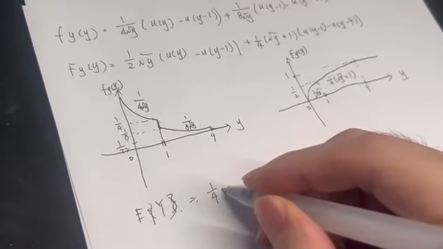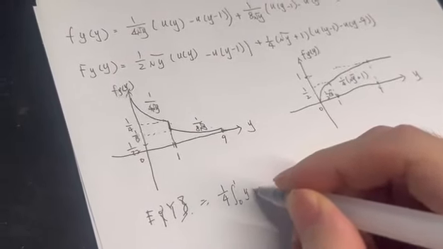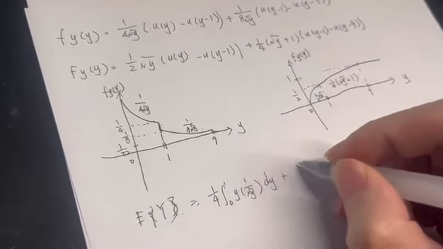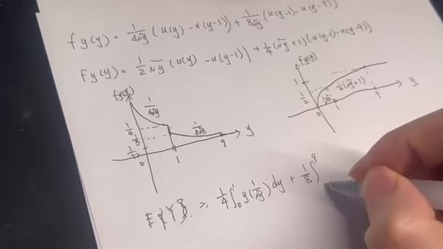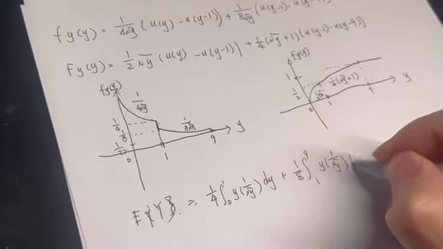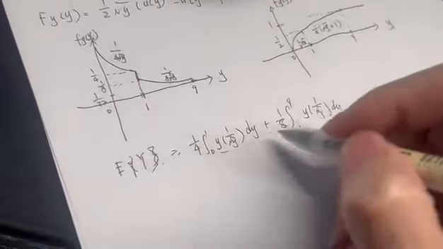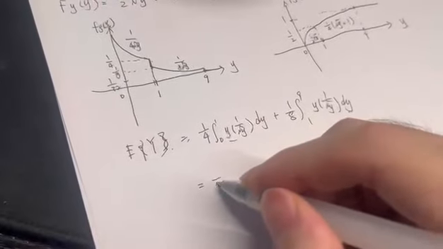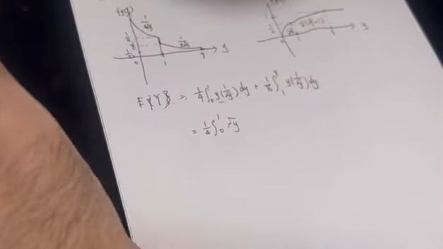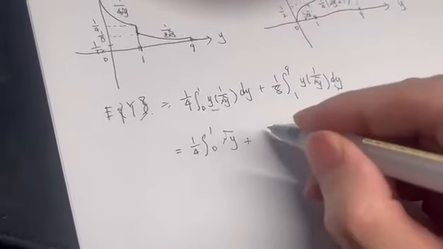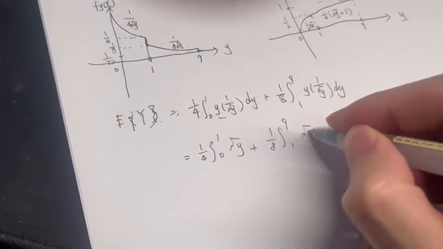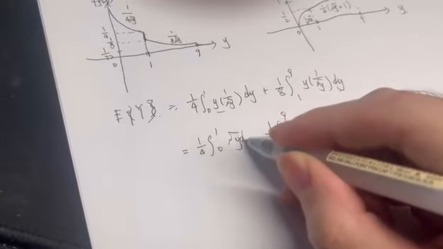Take the integral of y times fy, from 0 to 1, plus from 1 to 9 times dy. Then this part equals 2 times square root of y, plus from 1 to 9. I'm sorry, I missed the dy right here.